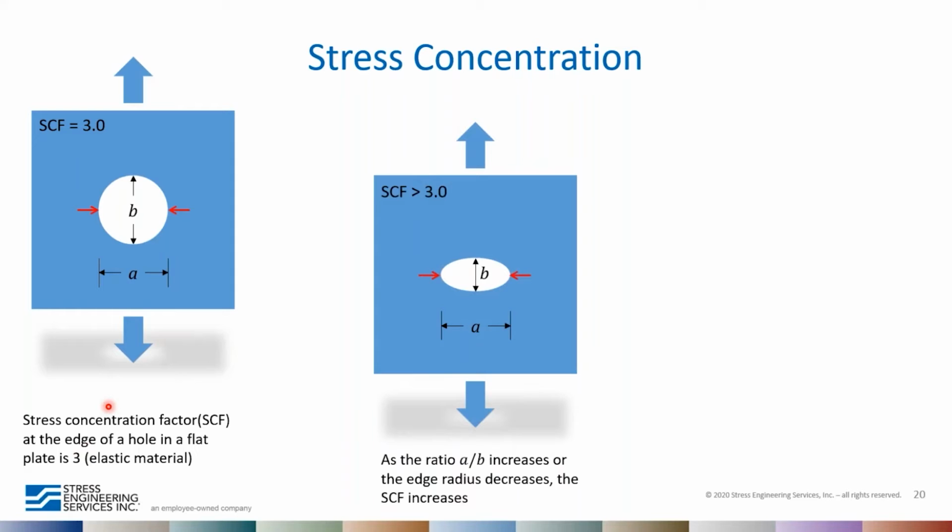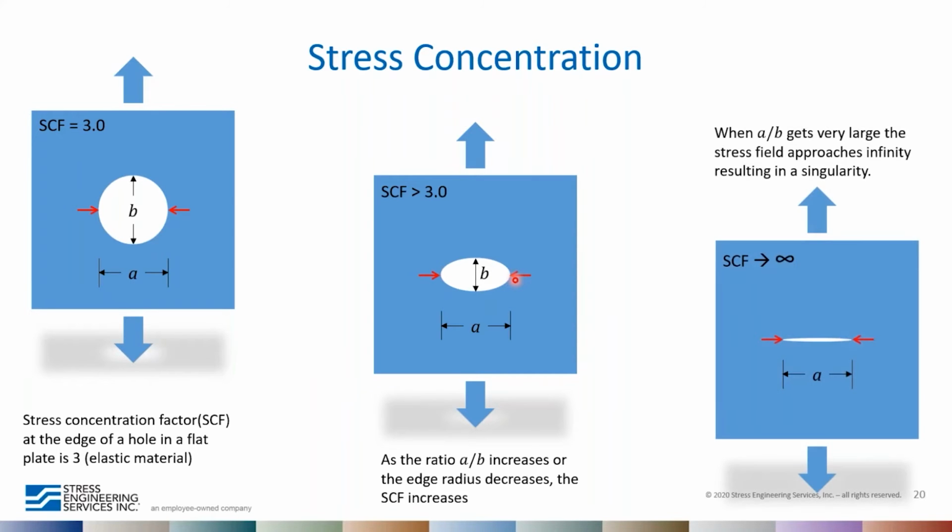As the ratio of A over B increases, that stress concentration will increase, and the stress will become higher. And eventually, as A becomes very large, that concentration approaches infinity, and it starts to look much more like a crack.